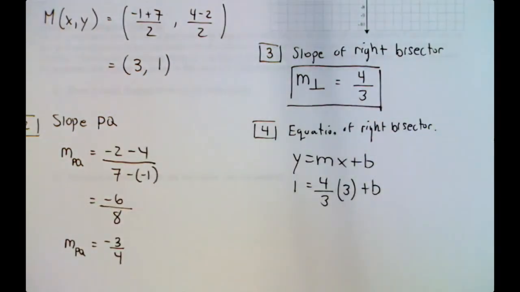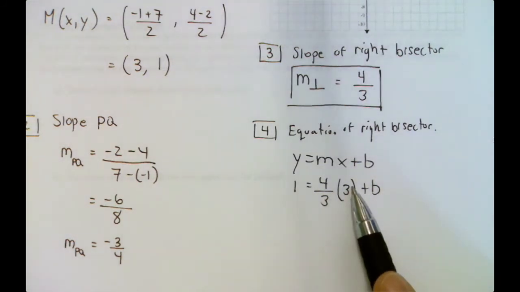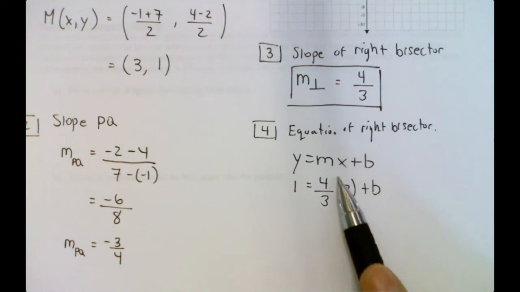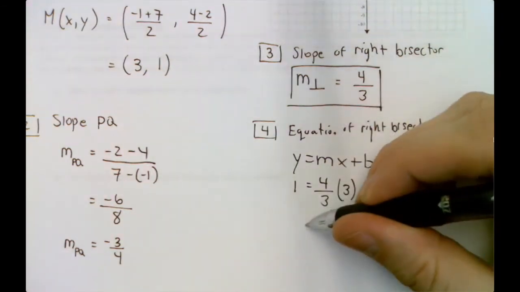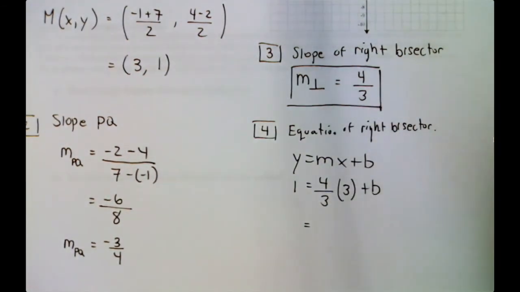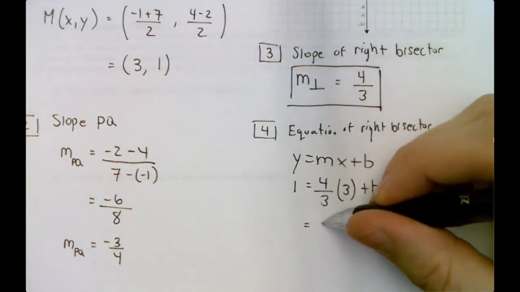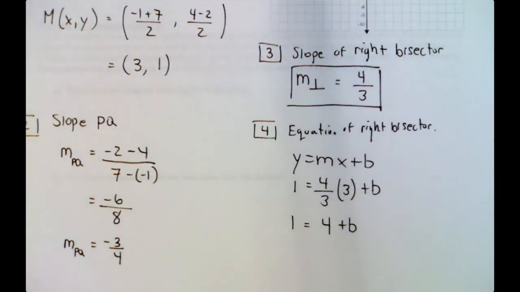Now normally, I would say multiply this whole equation by 3 because that'll help you get rid of the fractions. But this time, conveniently, something nice happened. 4 divided by 3 times 3. When we multiply this fraction by 3, we get rid of the denominator already, so we don't have to clear the fractions because 3 divided by 3 is 1. So that fraction goes away, and we end up with just 4 plus b is 1.